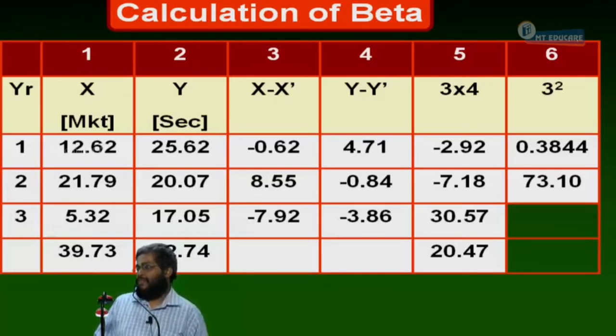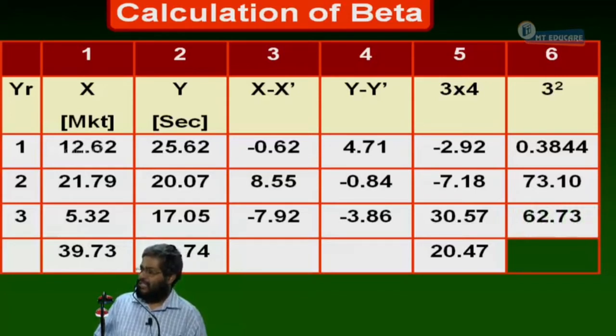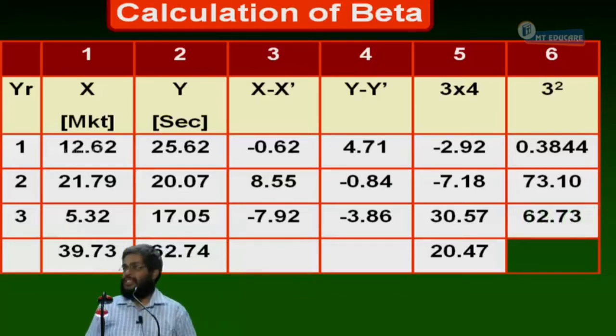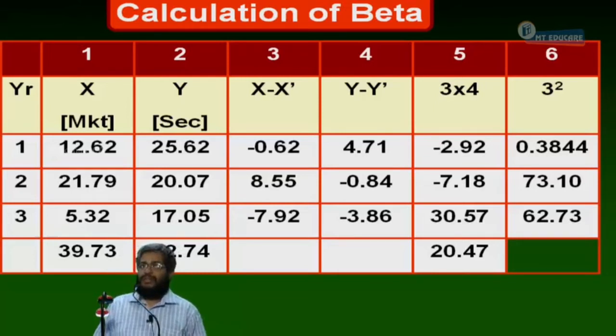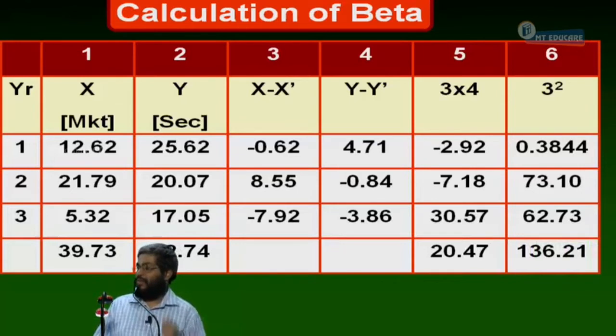Third, 7.92 into 7.92 is 62.73. Please tell me the total number. It is 136.21. What is 136.21? Sigma of x minus x bar the whole square.